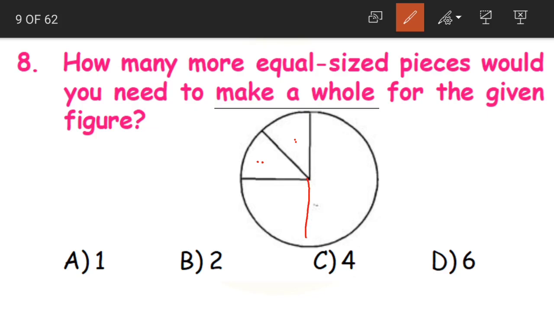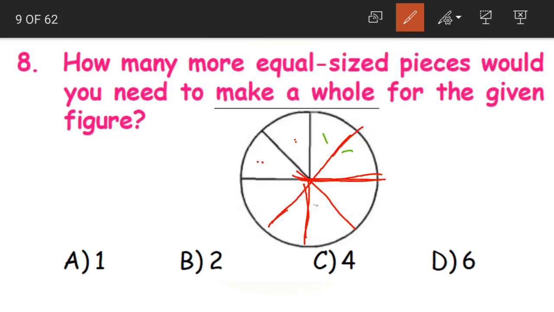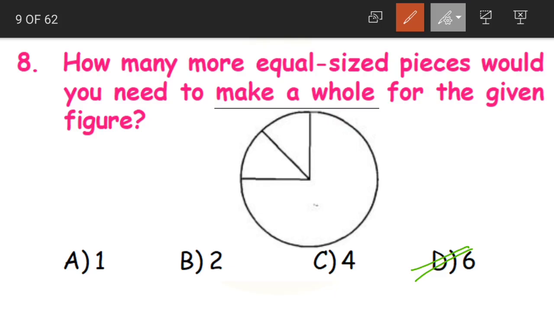If you draw along these lines and complete the figure, how many more do we need? 1, 2, 3, 4, 5 and 6. We need 6 more pieces to make the figure a whole.